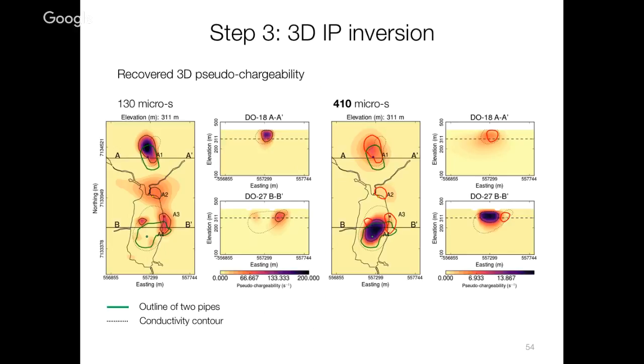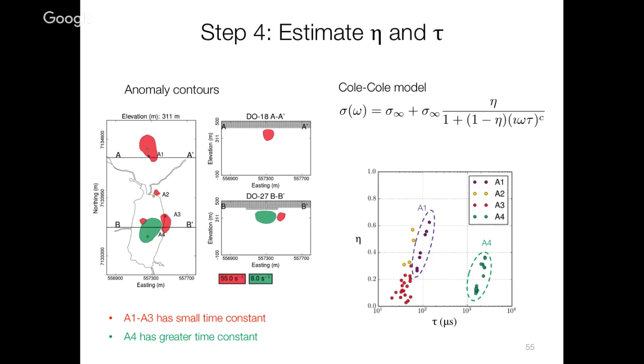So this is now shining up as a big chargeable object. And here's the cross section. So things are changing as a function of time in a big way, and we're able to unravel those by actually doing 3D inversions of these airborne data.